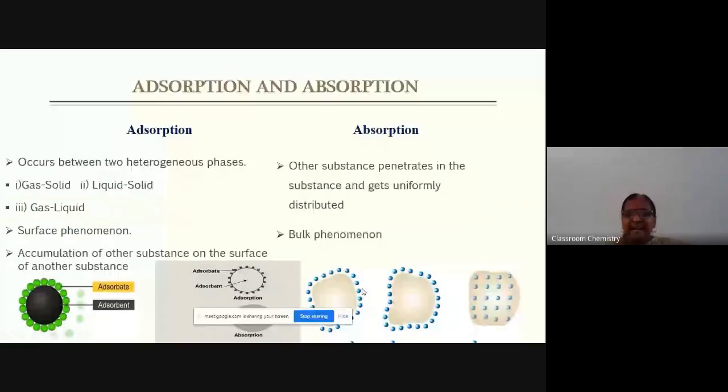Also, this figure indicates that in adsorption, molecules of the other substance accumulate on the surface of that substance. But in case of absorption, these molecules penetrate in the body of the substance and get uniformly distributed in the body of that substance. That is the absorption.